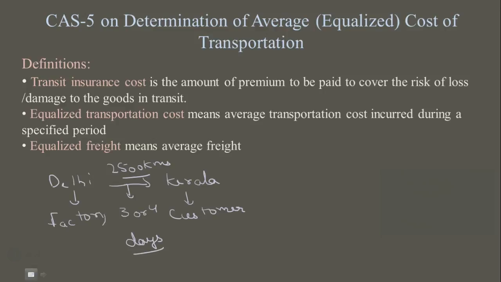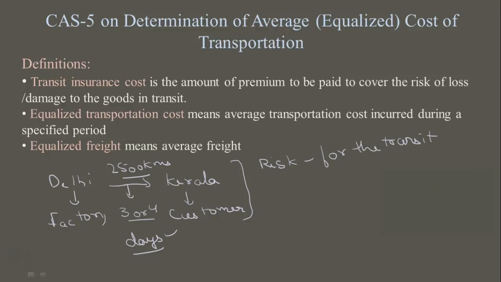In 3 or 4 days anything can happen. So basically the seller of the goods is not going to take any risk for the transit, and for that purpose they go for the transit insurance.